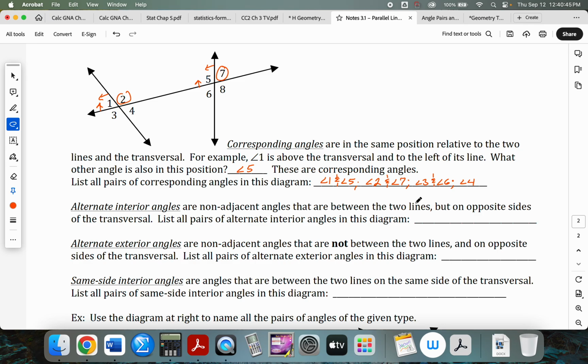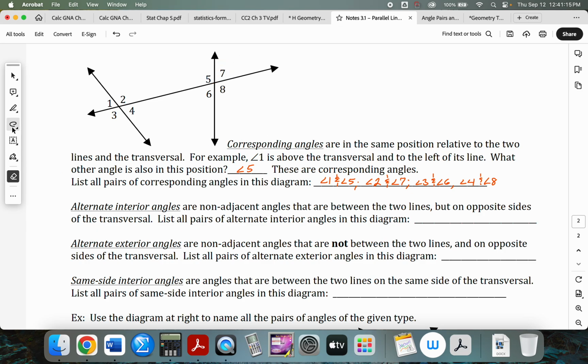They're both above the transversal, and they're both to the right of their respective line. Okay. So they're in the matching location. So those are corresponding angles.